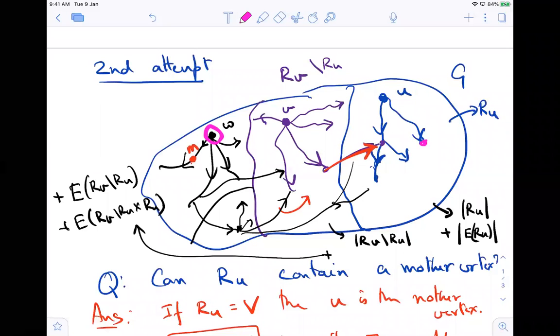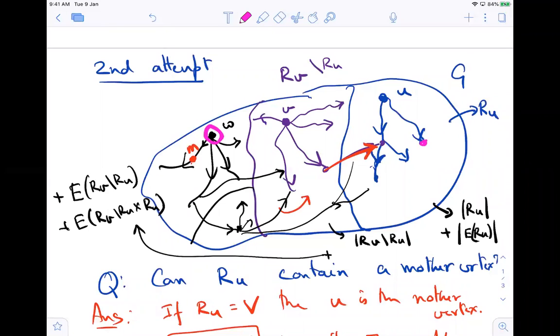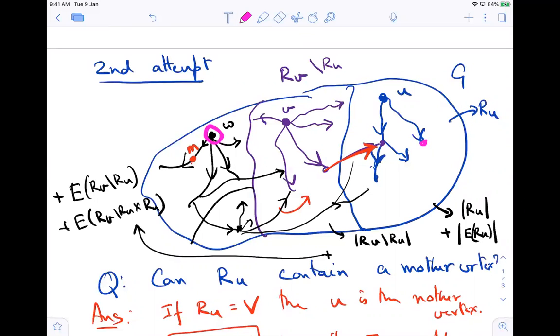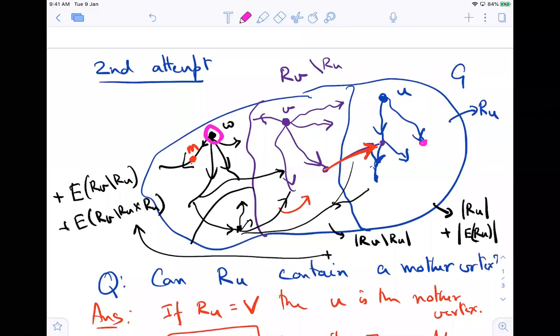And now what do we do? Perform a full DFS taking W as source. Exactly. If that reaches everywhere, then you have got it. Basically, you keep on removing sets of vertices that cannot be mother vertices till a time comes when only one vertex is a candidate mother vertex.